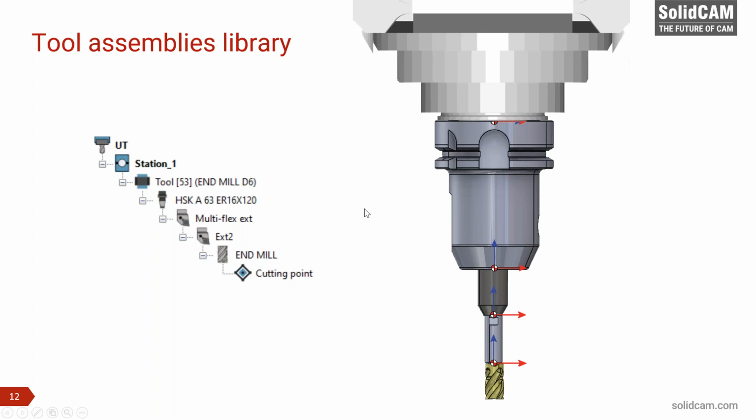Now, what is good about 2021? You don't need to create all your holders all over again, but you can use any of these components in your assembly and just switch the cutter itself. So this is how I show it over here.